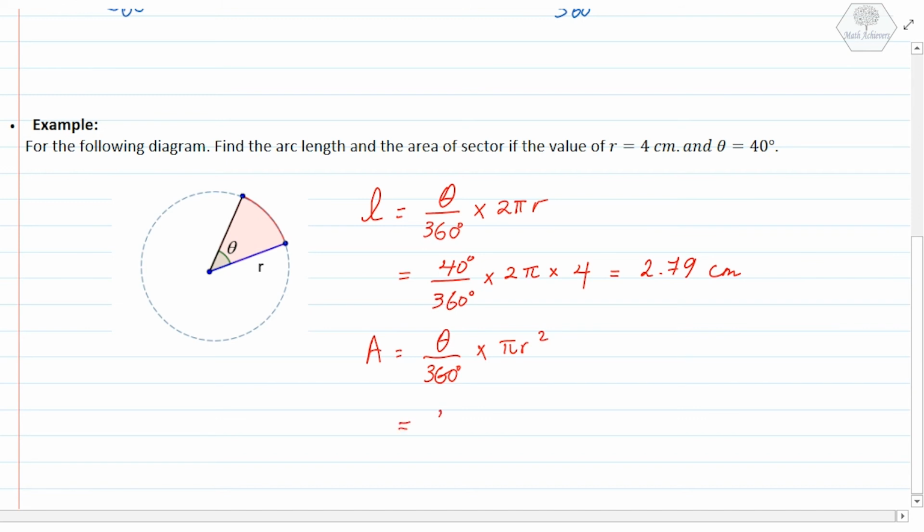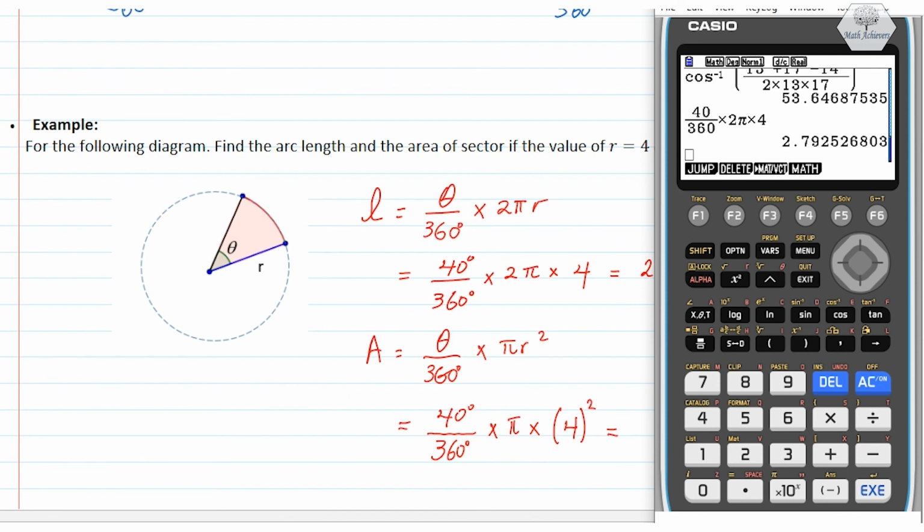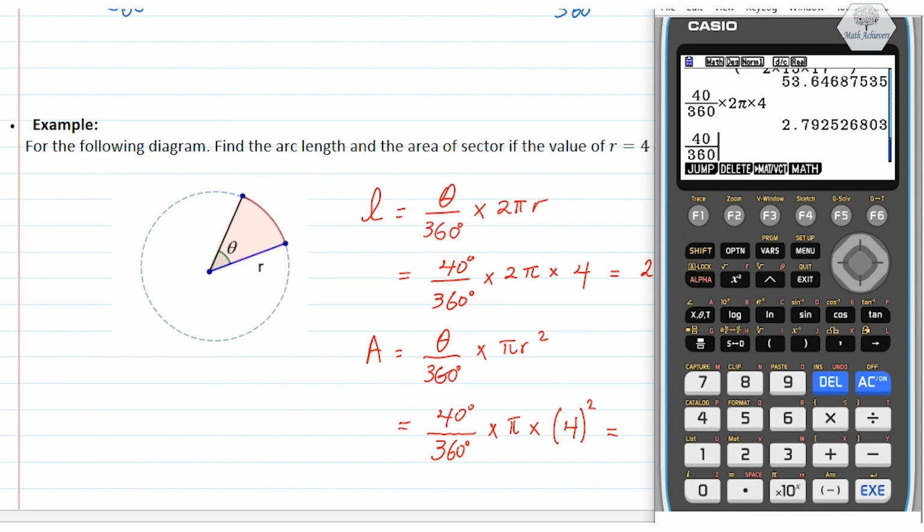So this is equal to 40 over 360 times pi times r squared, which is 4 squared, and this would be equal to 16 over 9 pi.